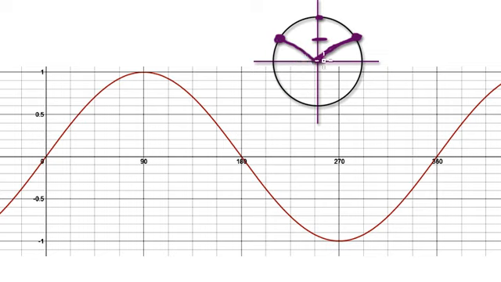And don't forget, you also have another angle, and it won't be on this one here. It will be this angle here, all the way from here to here. So my question is, what angles, or what values of x, will give me a height of 0.5?